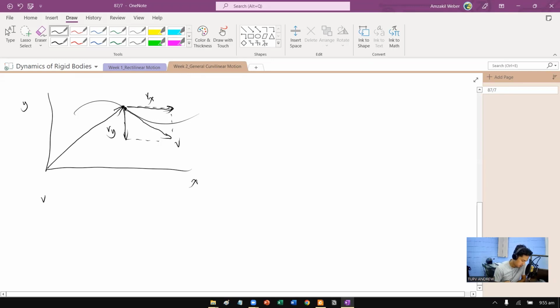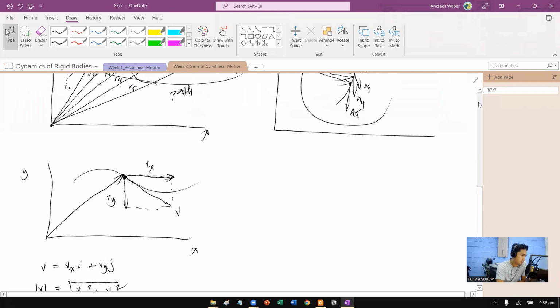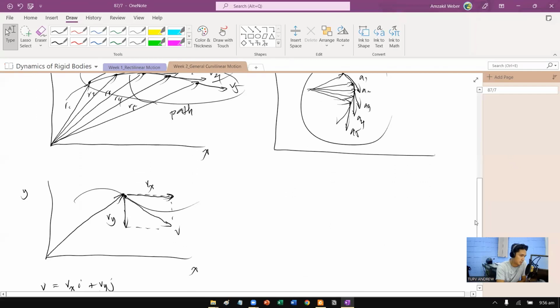The velocity vector V is equal to Vx i plus Vy j, and the magnitude of the velocity is equal to the square root of Vx squared plus Vy squared. That's for the velocity.